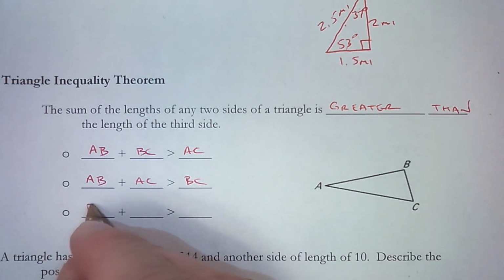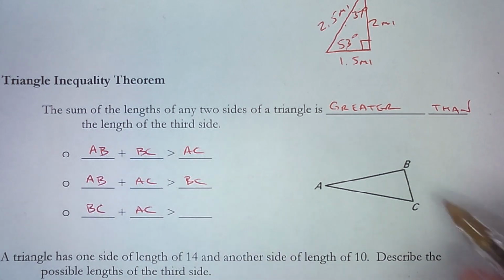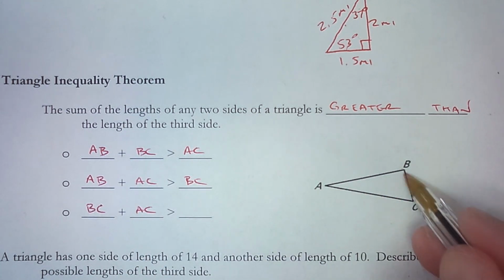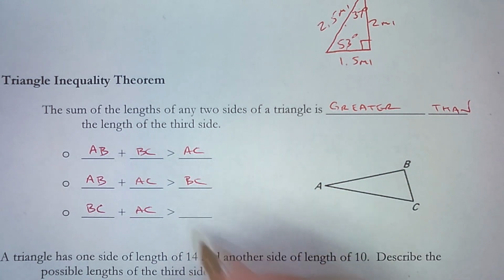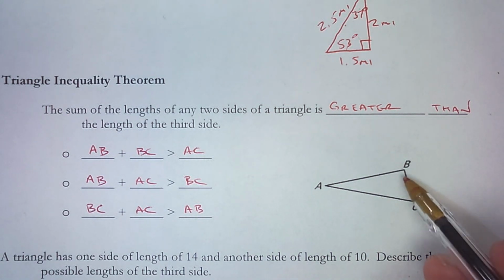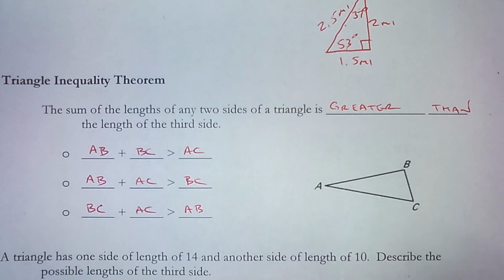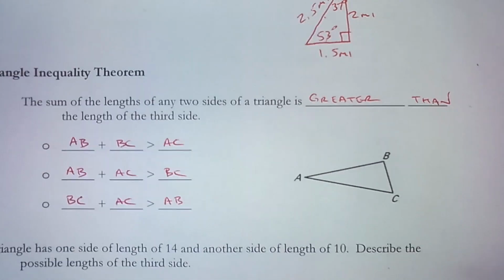Or if I add the lengths of BC and AC, the sum that I get here will be greater than this third side, AB. So no matter what two lengths I add together, I'm guaranteed to have something greater than the third side.